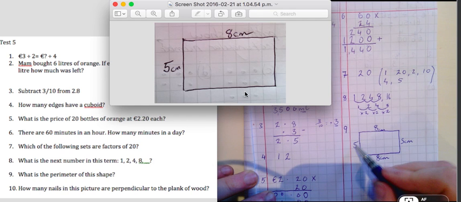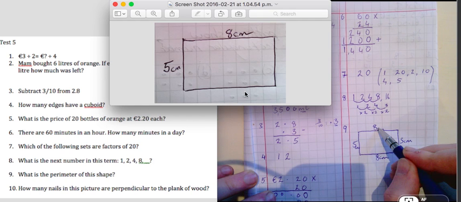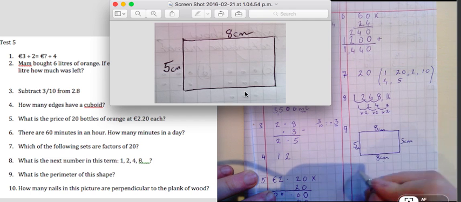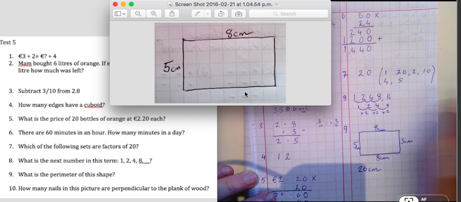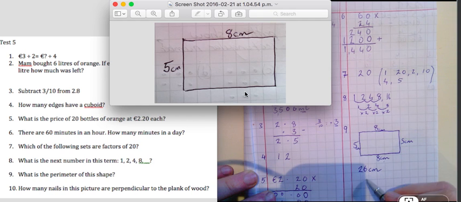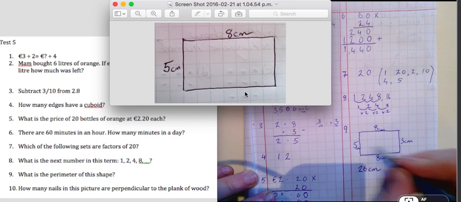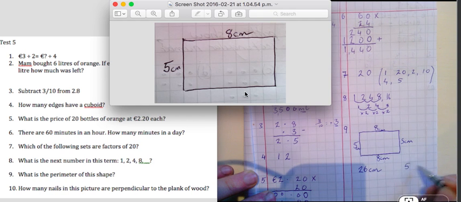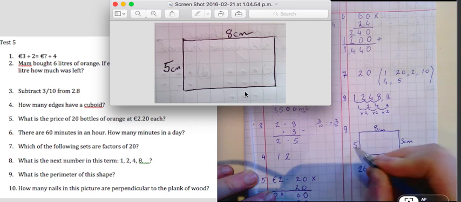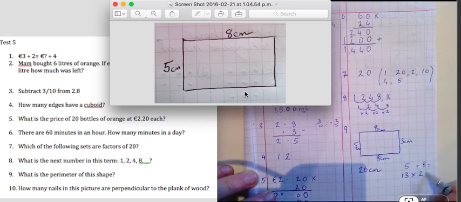Add them all around. 5 and 5 is 10, plus 8 is 18, plus another 8 gives us 26 centimetres. Another way is 5 plus 8 equals 13, and 13 multiplied by 2, because this is the same as these two here, gives us 26 as well.